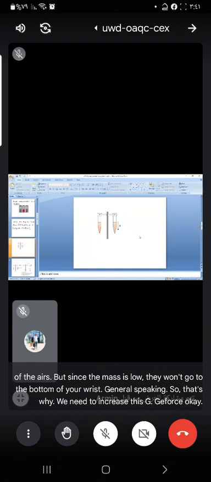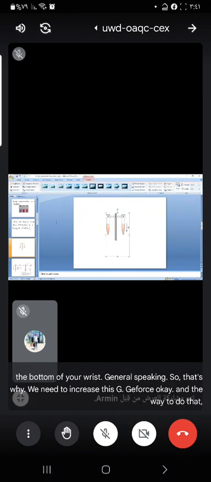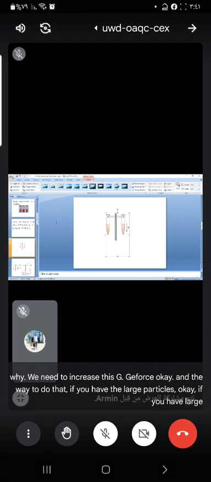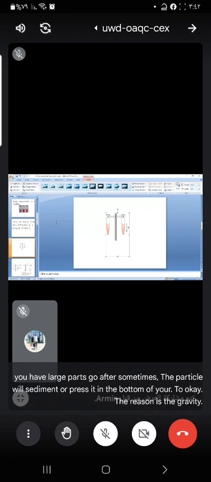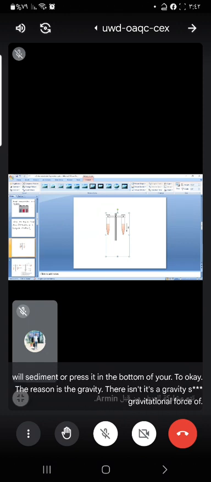Okay, and if you have large particles, after some time the particles will sediment or precipitate in the bottom of your tube. The reason is the gravitational force of Earth imposed on your particles and your vessel.